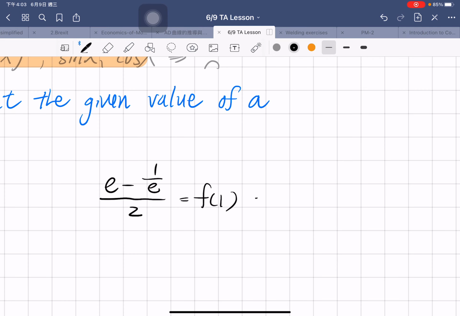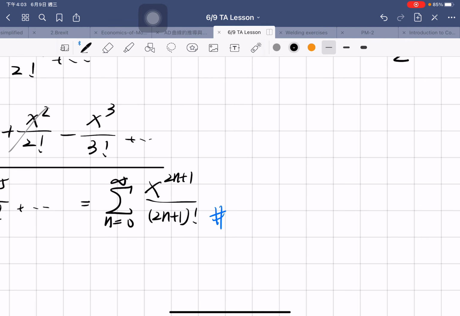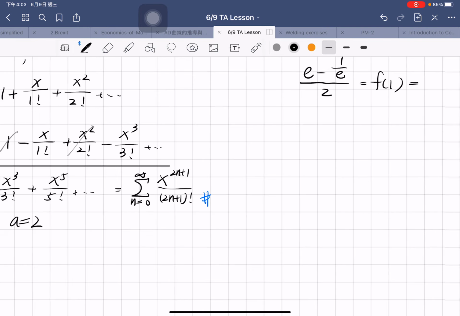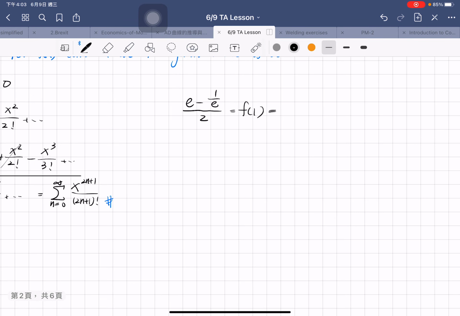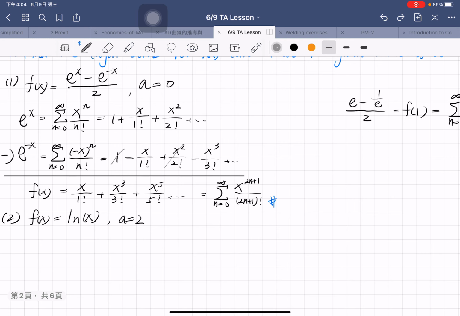So you notice that with x equal to 1, it will be the sigma n from 0 to infinity of 1 over 2n plus 1 factorial. Okay, so this is an application you can use for this answer.